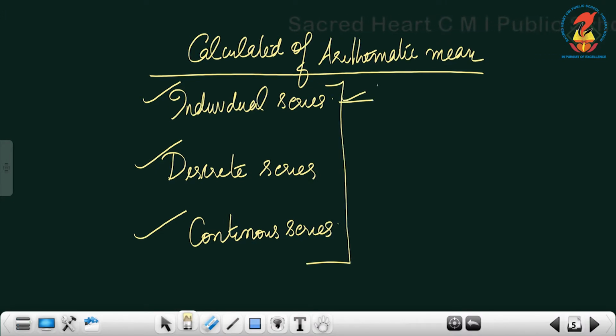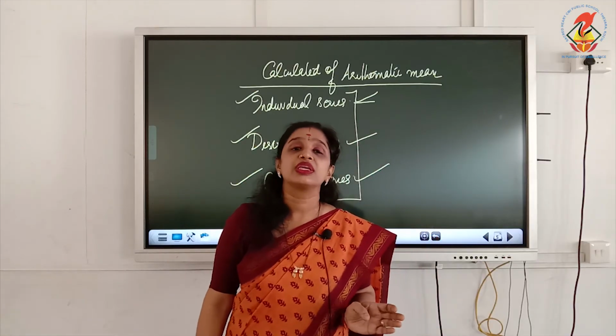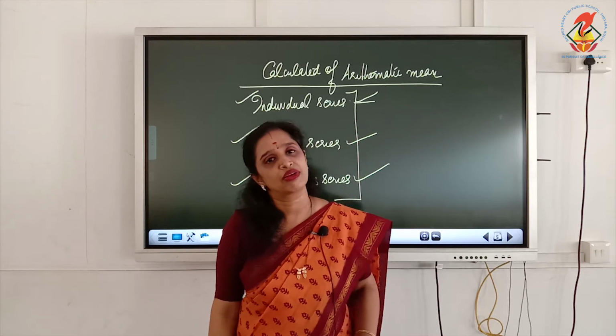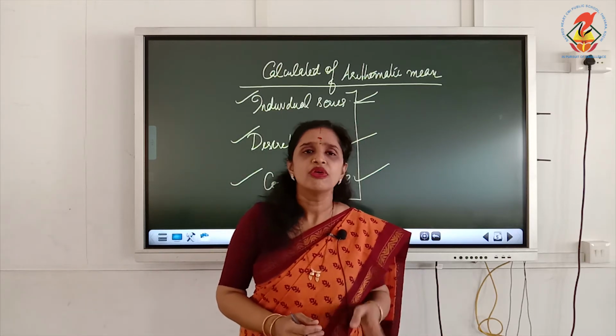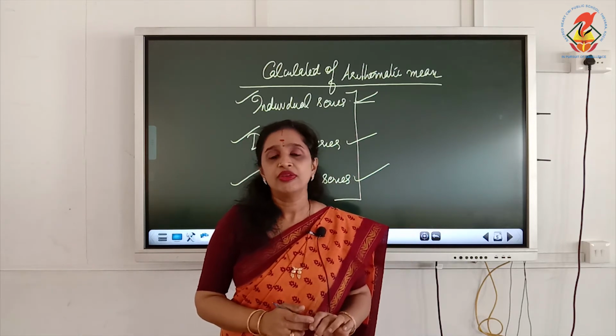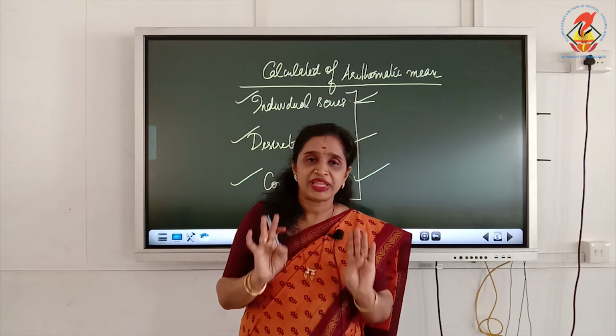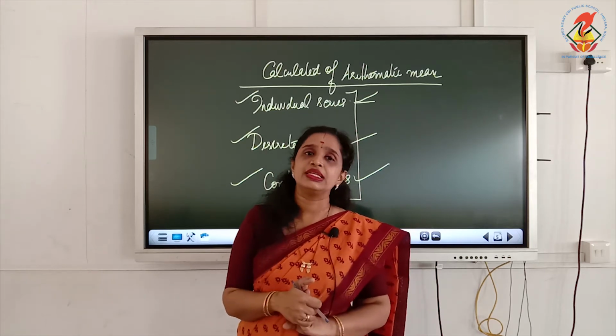Individual series is a series with no frequency. Discrete series, frequency will be there along with the x values. Continuous series also you have the frequency along with the x values, but x values are given in the form of class intervals. So, you have to learn the calculation of arithmetic mean for all these three series. Now, mainly we will be using three methods for calculating the arithmetic mean in all these series.